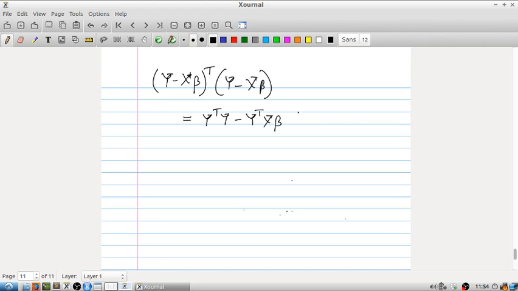That's the first term of this guy, and now the second term, minus beta transpose X transpose y.